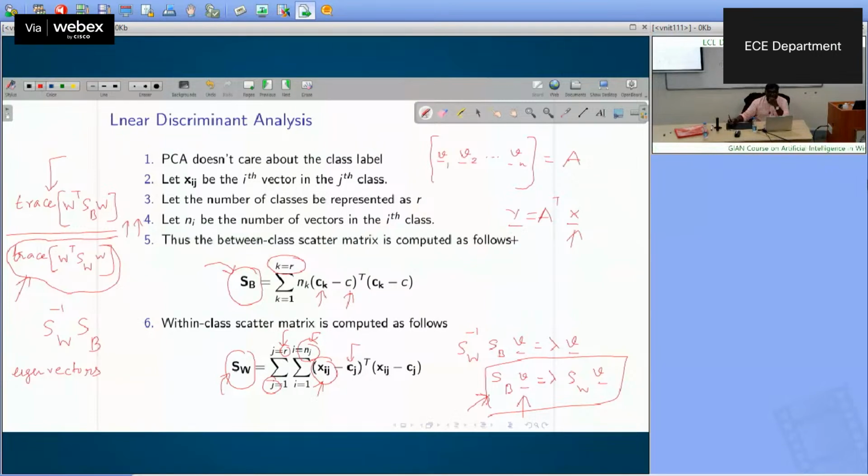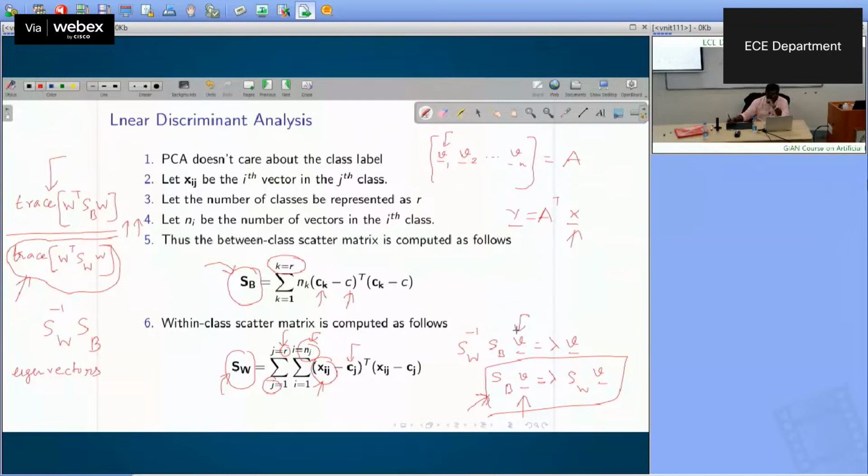V is the eigenvectors. This one you are talking about, this V. No, no, this is by definition.